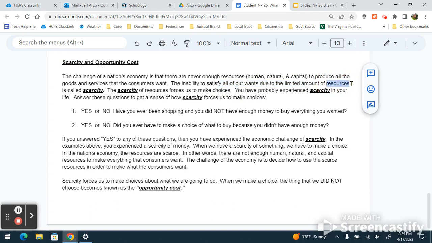So you have to make choices as to what gets made. The problem with scarcity is that when we make choices, we're always going to leave something behind. We can't get everything, so something has to be left behind. The thing that gets left behind is called the opportunity cost.